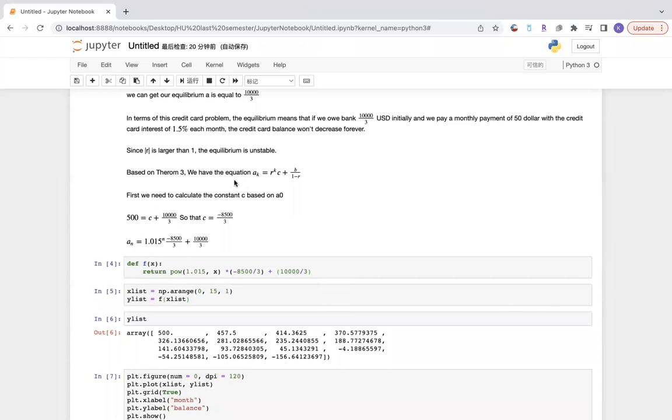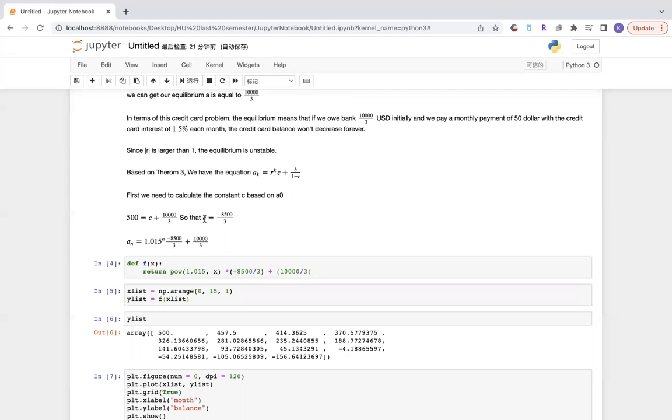Based on Theorem 3, we can get the equation of this one, and then we need to calculate the constant C based on A0. So we plug in the numbers: 500 equals 3 plus 10,000 over 3.